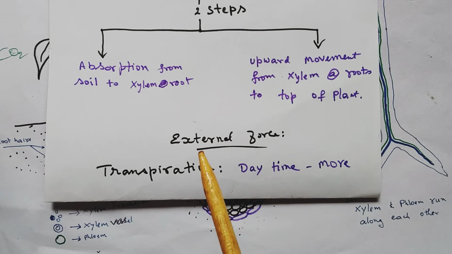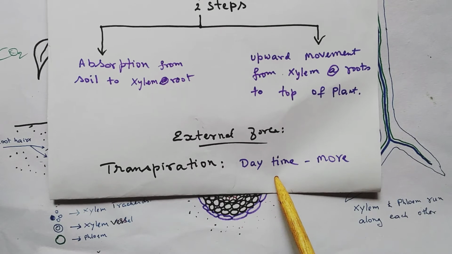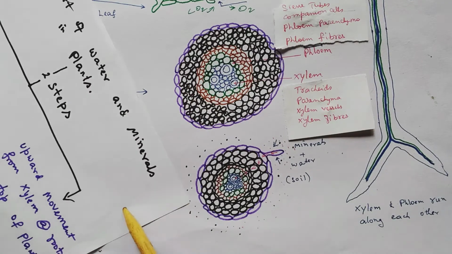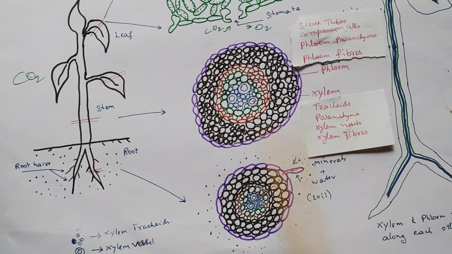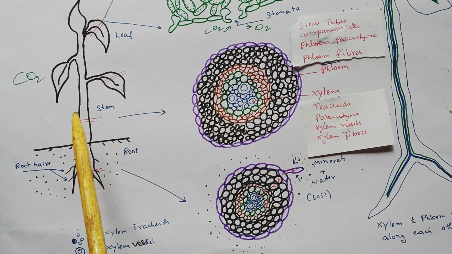So another force will come into play, and that is called transpiration, and this works very strongly during the daytime. So what is transpiration? Transpiration is the loss of water from the surface of the plant. Here, the loss of water from this surface above the soil is called transpiration.